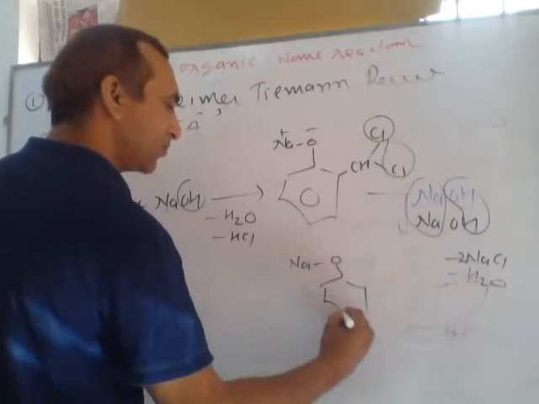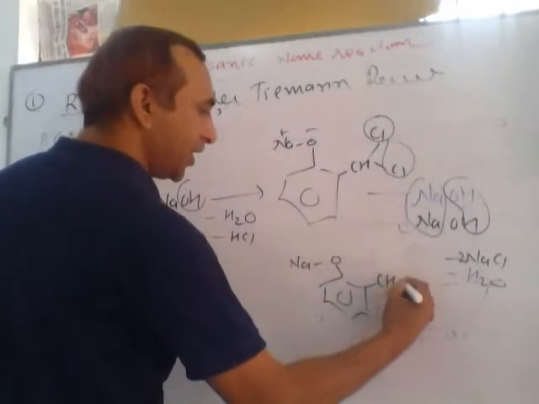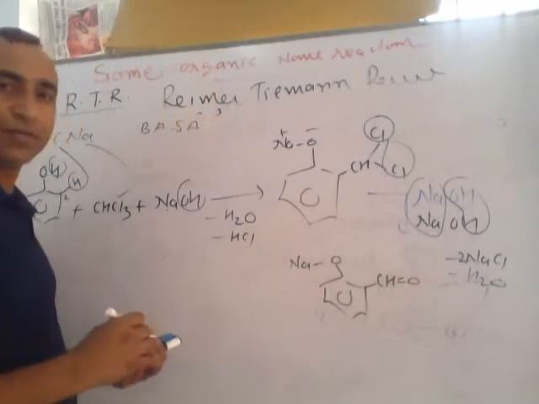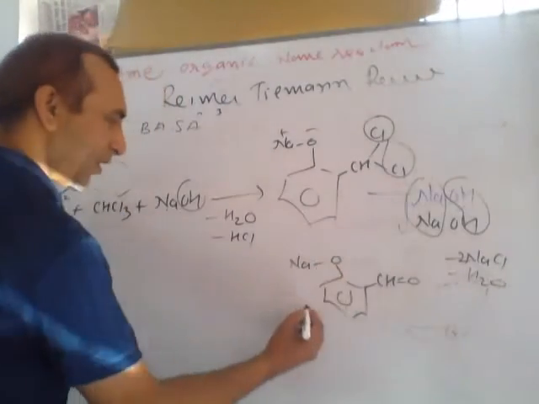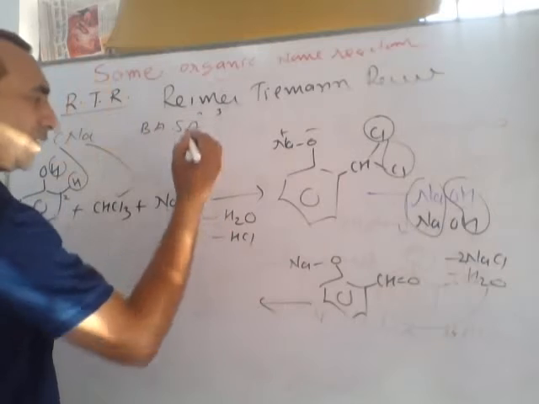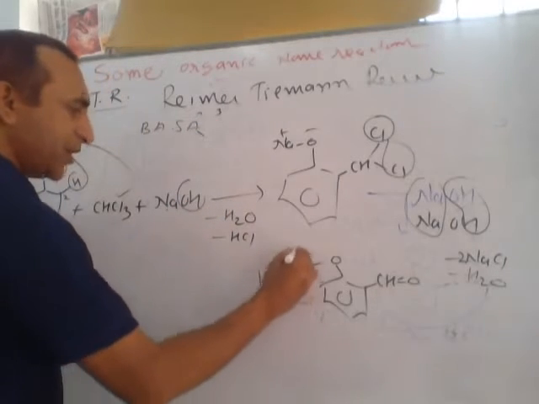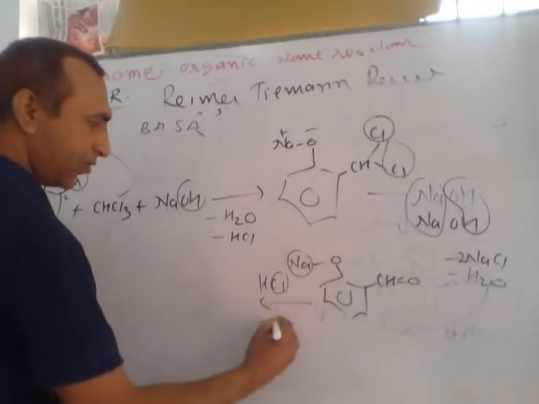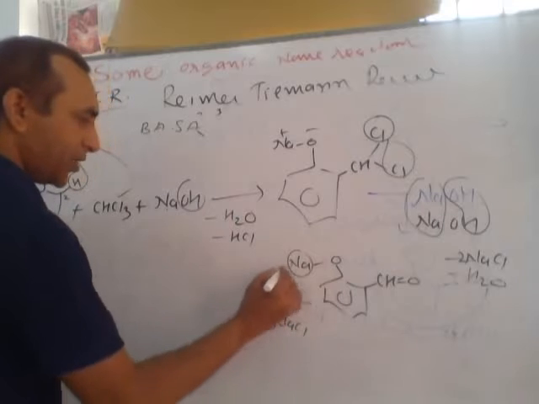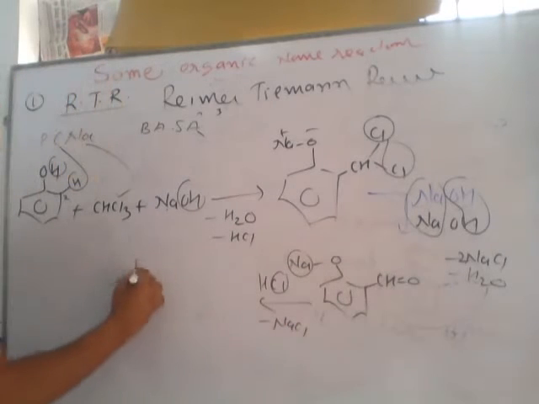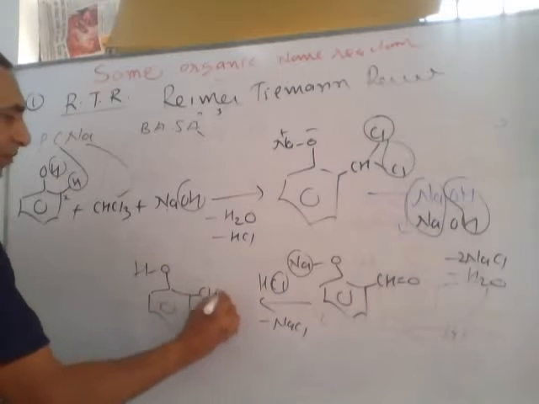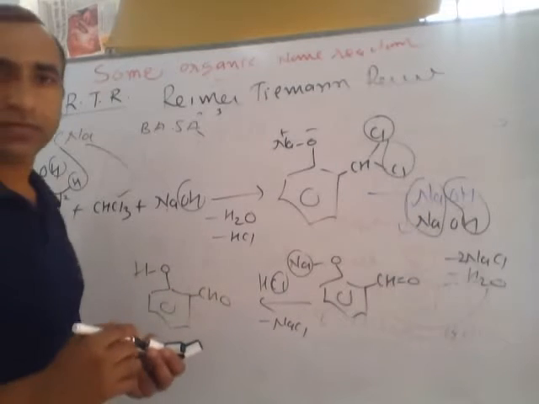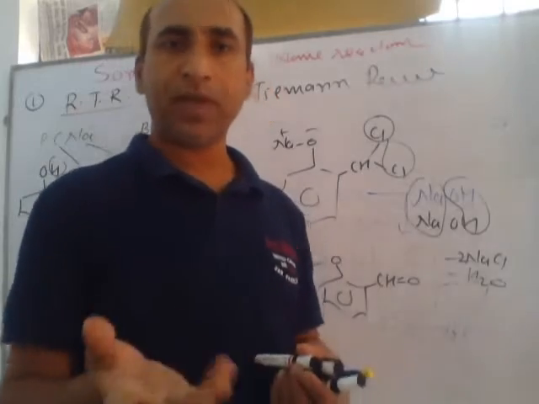NaO here, ring CH double bond, this is aldehyde. If we treat this sodium salt with the last A for acid, acid means HCl, this Na and this chlorine form NaCl, and instead of Na, H is joined. This compound is called salicylaldehyde, otherwise 2-hydroxy benzaldehyde.